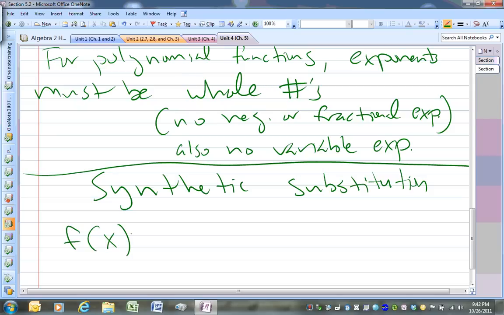Remember this f of x thing? Let's set f of x equals 2x to the 4 minus 5x cubed minus 4x plus 8.